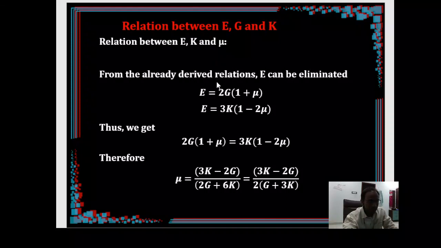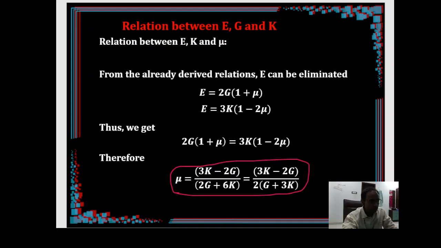From that, if one wants it only in terms of the other three constants, namely Poisson's ratio, bulk modulus and shear modulus, we want to eliminate E, in other words. E can be eliminated by equating these two, and we can get an equation in terms of K, G and mu. So this is the relationship.